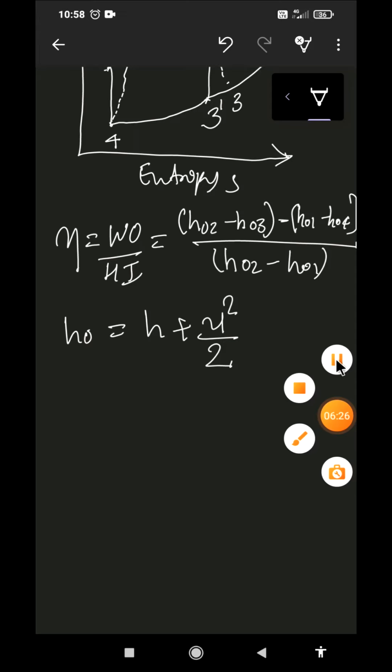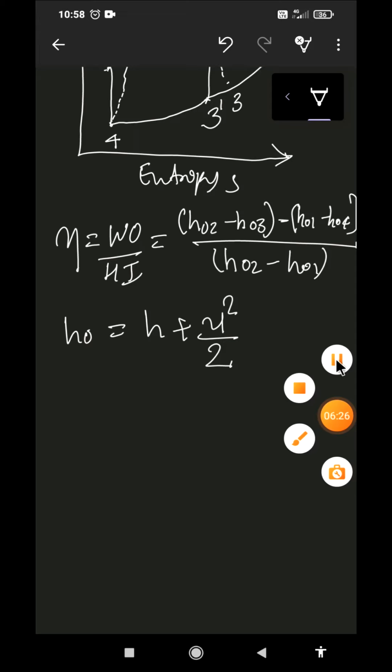P max is E0 square by 4 RG. So we need to find E0 first, and then P max of the MHD engine with the following specifications.